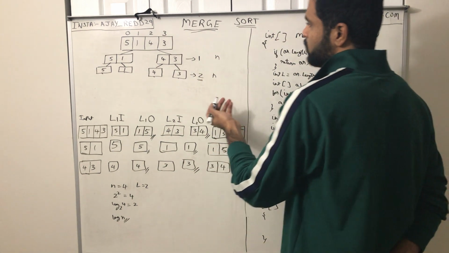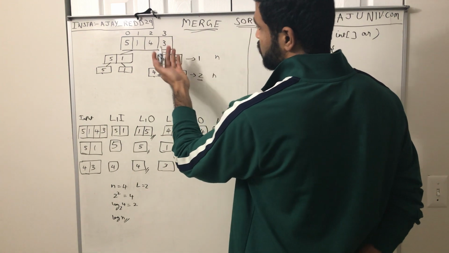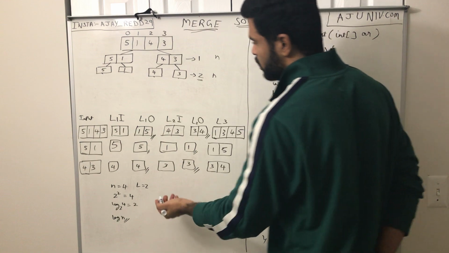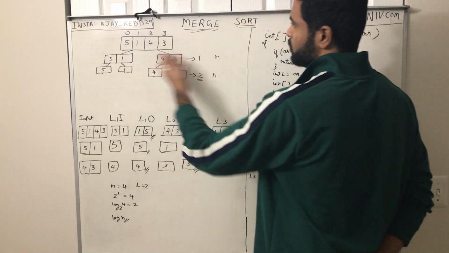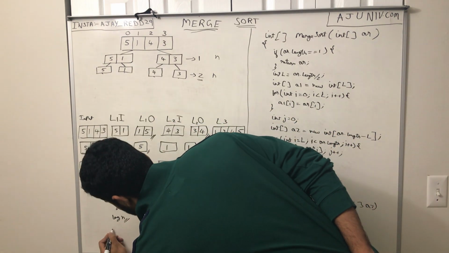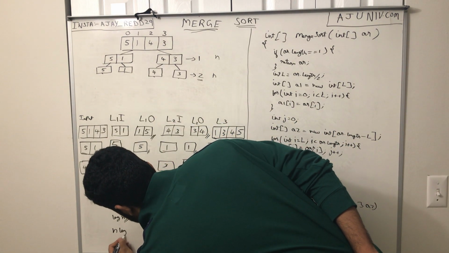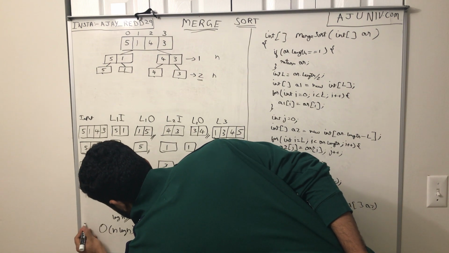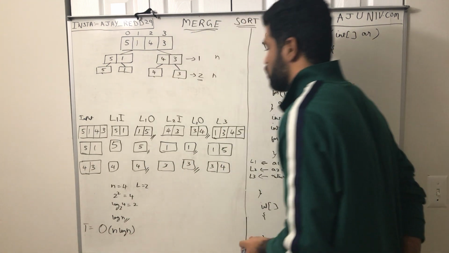So that is nothing but log n levels into n. Here the levels are log n, and at each level we are merging n items, so the total time complexity would be n into log n. The time complexity is big O of n log n.